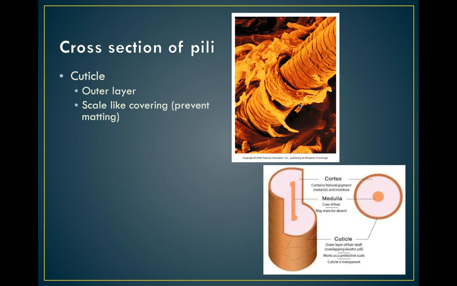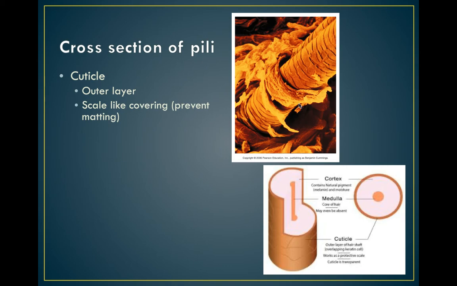You can see that it almost looks like little scales that overlap each other, kind of like roof shingles. That's the cuticle. And the cuticle is intentionally structured to prevent our hair from clumping up and matting up. The cuticle also offers some protection in the form of preventing water loss.